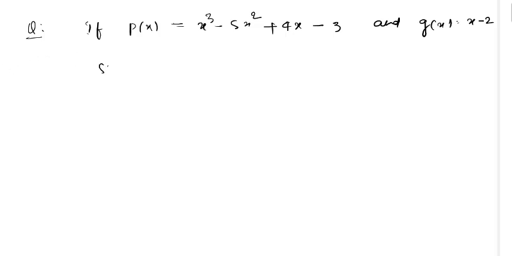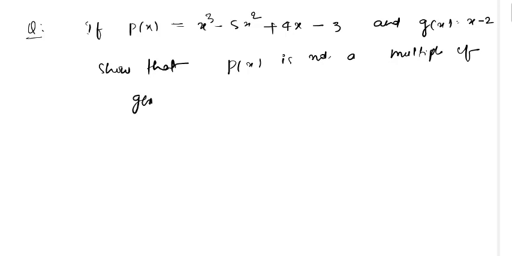They are asking: show that p of x is not a multiple of g of x. With this sentence, what do you understand? P of x is not a multiple of g of x.